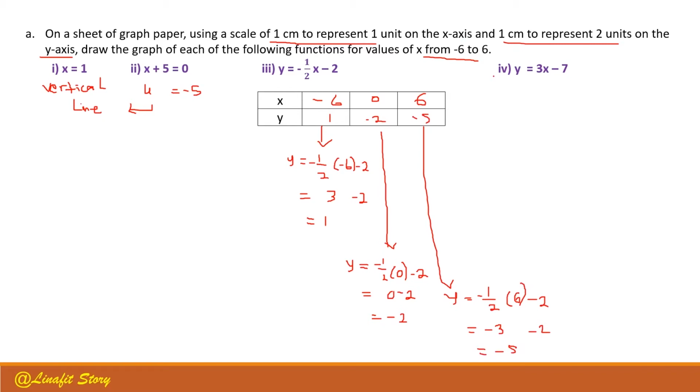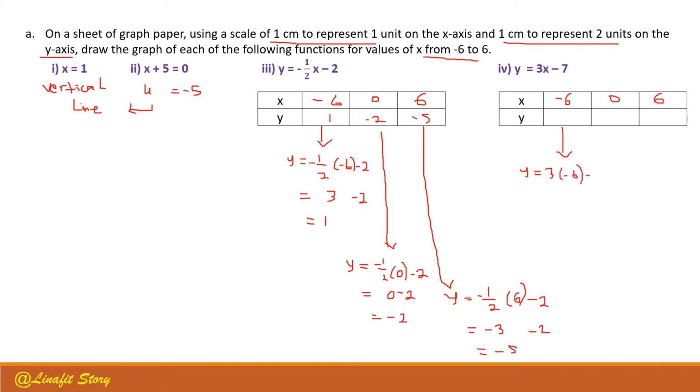And then the fourth, y is equal to 3x minus 7. Draw the table first. X is the input, y is the output. X is -6, 0, and 6. When x is -6, so y is equal to 3x minus 7. 3 times -6 is equal to -18. -18 minus 7 is equal to -25.